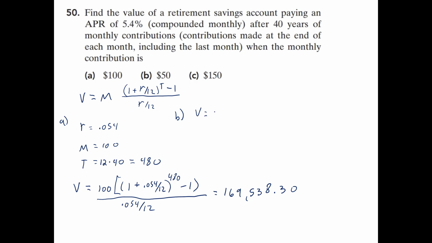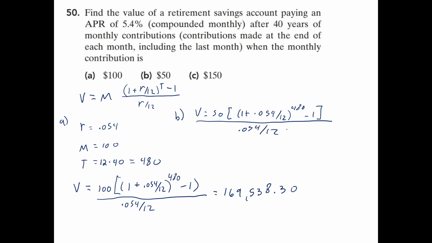So V is equal to 50 times the 1 plus 0.054 divided by 12 to the 480 minus 1, all divided by 0.054 divided by 12.